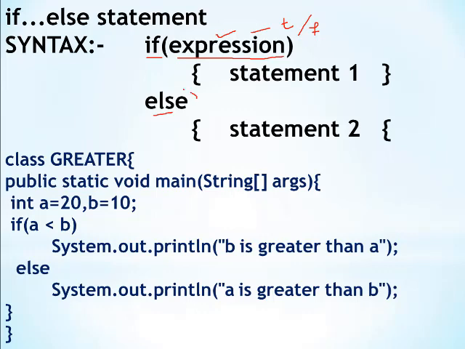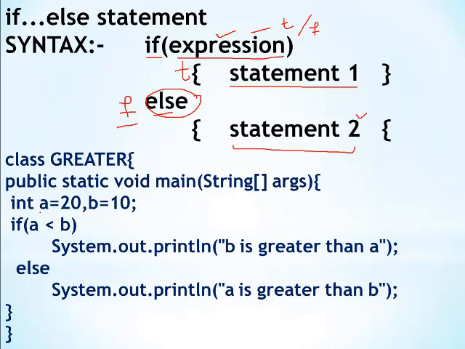Now if you are using the else part, this else part will execute when the expression is false. This if part will execute when the expression is true. So if the expression is true, the else part will be skipped, and if the expression is false, the else part will be executed and statement 1, or whatever statements you have written in the if part, will be skipped.